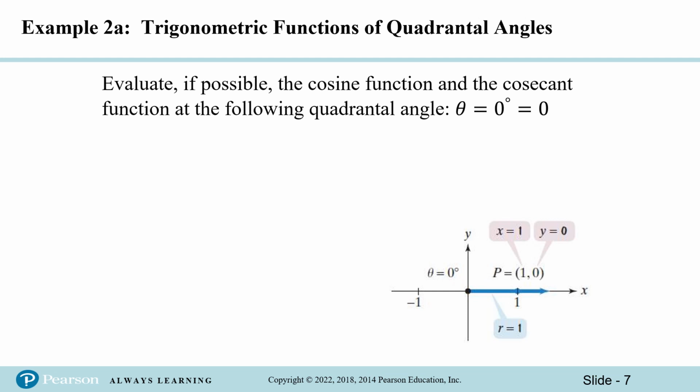Evaluate the cosine function and the cosecant for this quadrantal angle, which is 0 degrees. This is 0 radians.